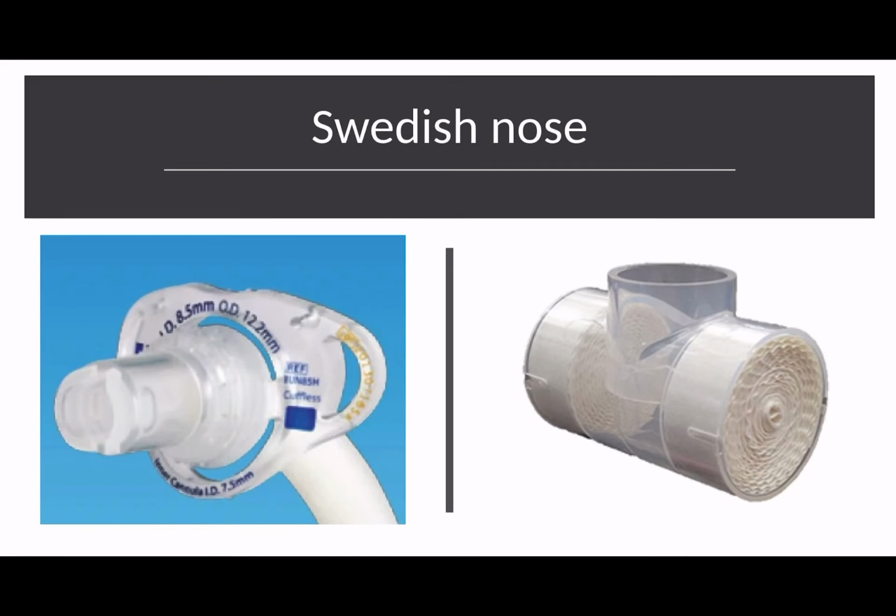Now, if you imagine a tracheostomy and breathing through the tracheostomy, what you've completely got rid of is the nasopharynx and oropharynx of normal breathing. The main thing that the nose does is humidify the oxygen that's going through. By humidifying the air, the secretions that are there remain moist, supple, and easy to cough out.